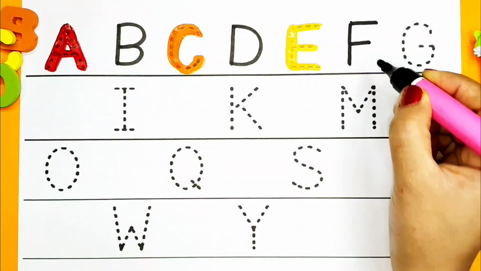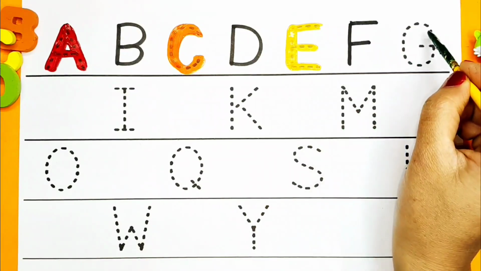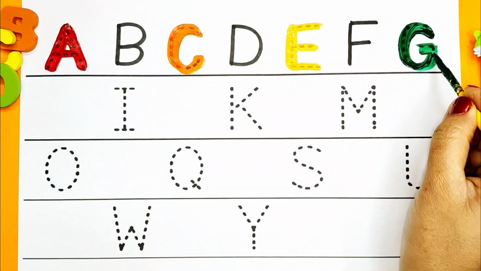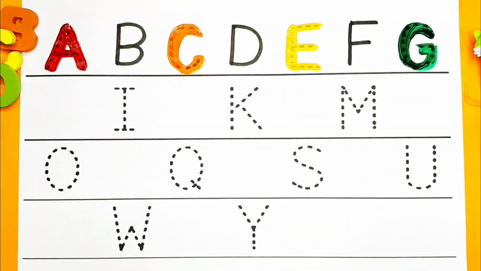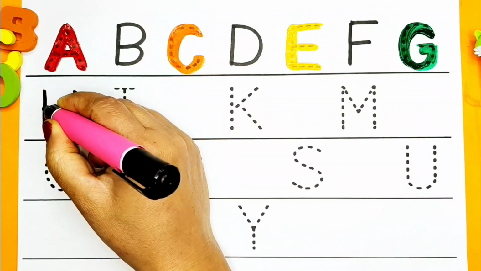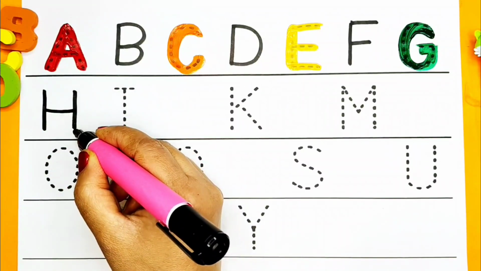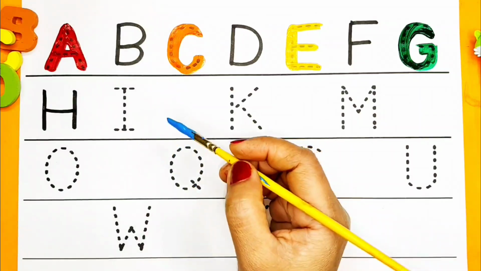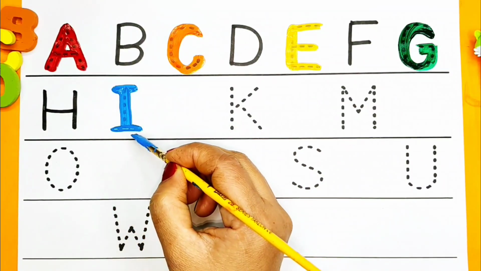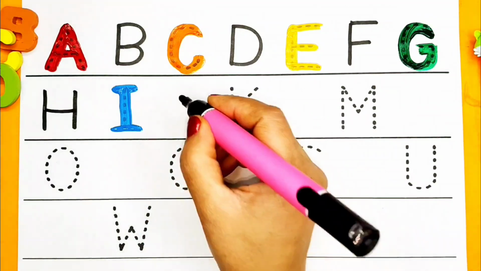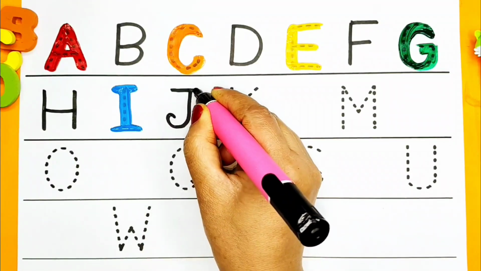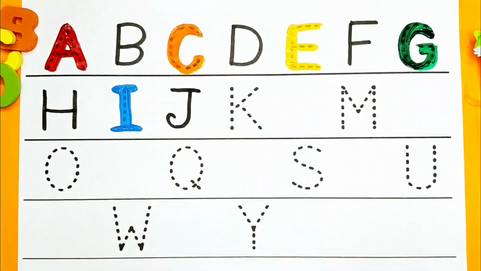F for frog. Dark green color. G for goat. Missing letter. H for hand. Sky blue color. I for ice cream. Missing letter. J for jam.